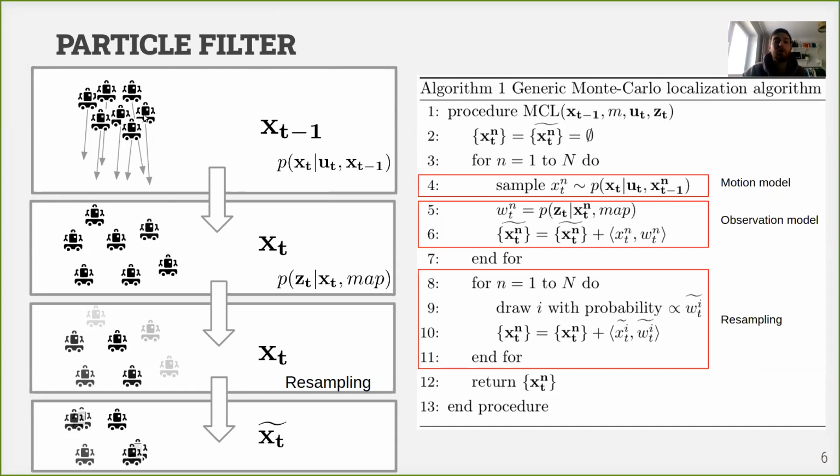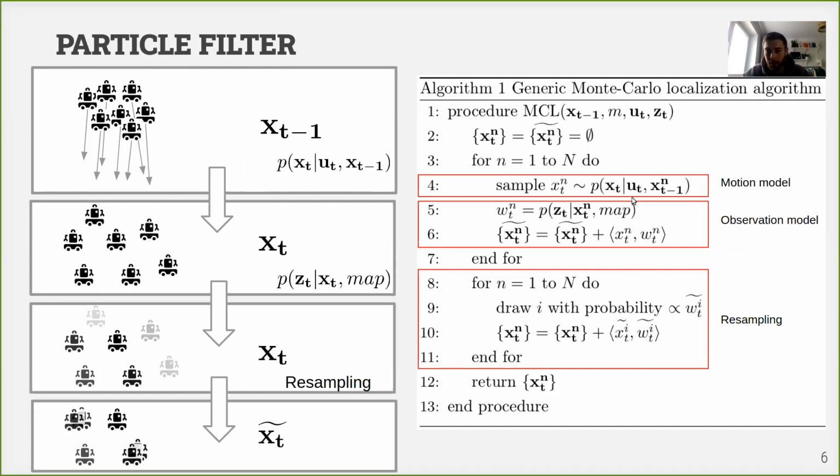And how we generate them at the initial time moment depends on what we know. For example, if we don't know anything about our robot pose, we just have a uniform distribution. We just put one particle here, another here, just randomly. So imagine we initialized our filter with our particles, just randomly putting them on the map.